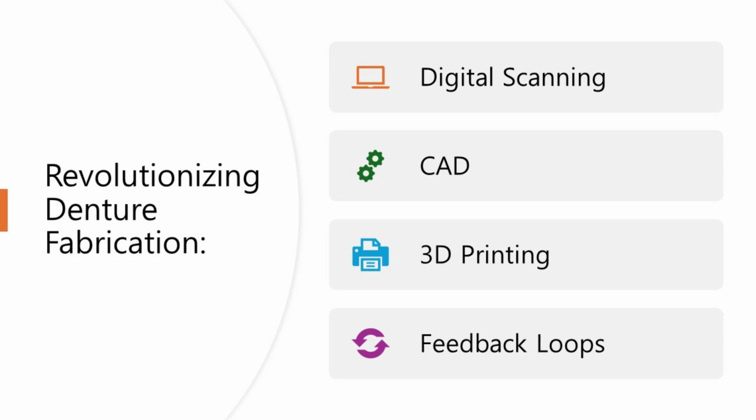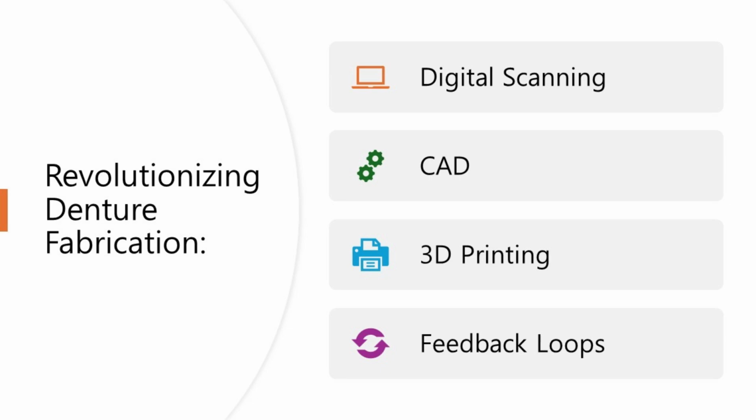This method captures precise digital impressions of the patient's oral cavity quickly and comfortably, minimizing errors and reducing the discomfort associated with traditional methods. It's particularly effective for duplicating existing dentures, providing a base for necessary adjustments.